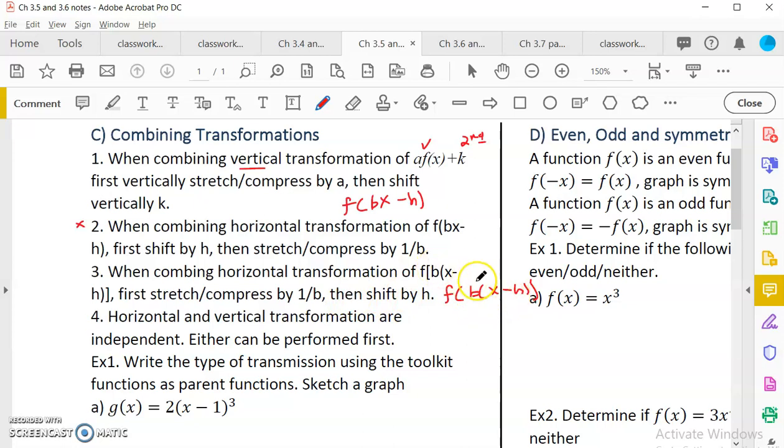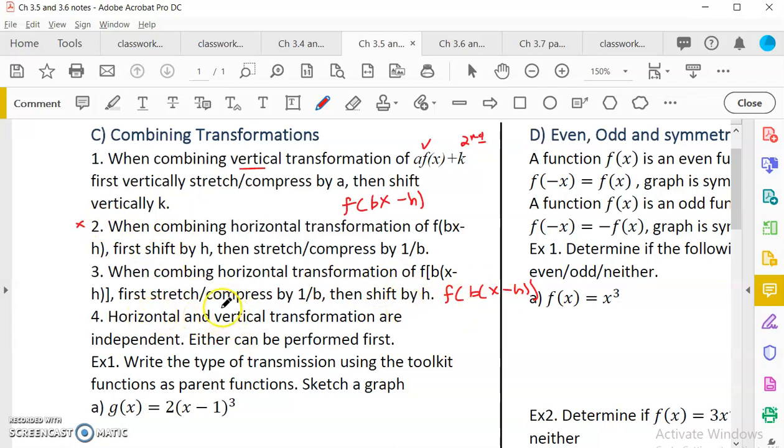So always remember, if you do the compression and stretch first and then do left and right, you need to factor. If you want to do the shifting first and then compress, you don't need to factor, but the compression is a little harder. Usually we don't do it this way. So always factor for horizontal.